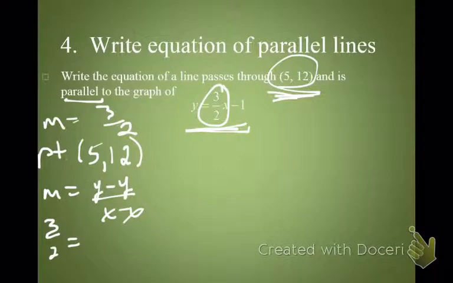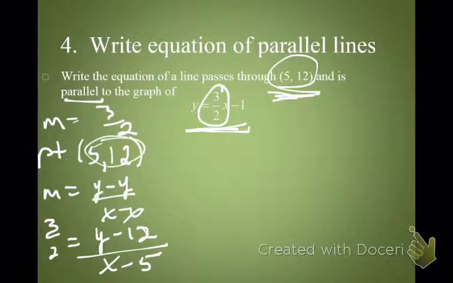Remember that the y's and the x's on this side are just points, so we have a set of coordinates, an x and a y. So we're going to plug them in here. So we go (y minus 12) over (x minus 5). We're just going to plug in these two points right here.